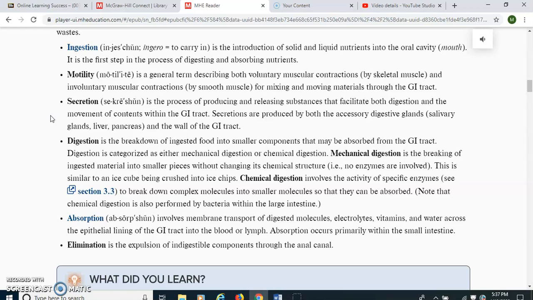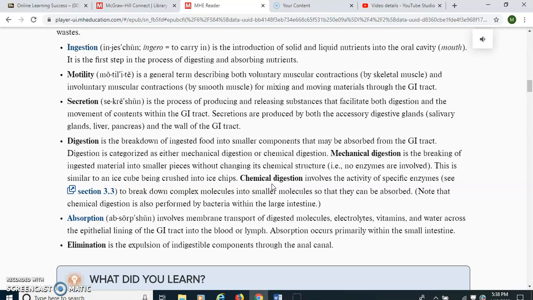So now once we've got those large pieces broken down into small pieces, just by physically, mechanically breaking them down, then comes the chemical digestion. And this is what's happening at a chemical level or a molecular level. So the nutrients that are in our food, say starch that's in bread, the chemical digestion of starch is going to involve an enzyme that breaks the bond between the little sugar molecules that are making up starch.